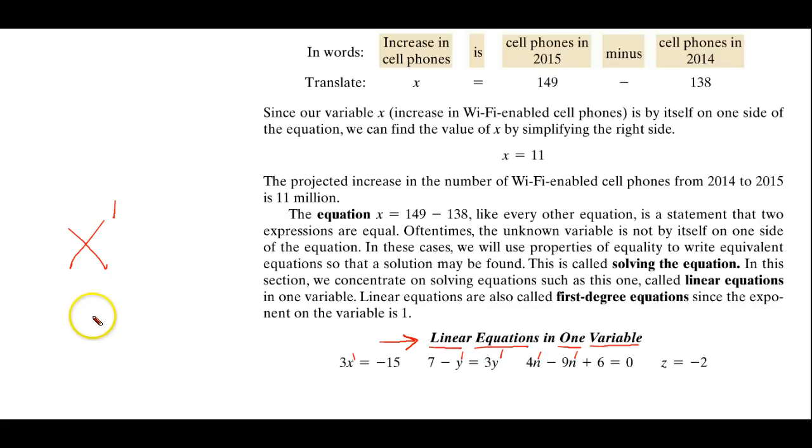Now, in a later course, you'll study equations that are to the second power. And we touch on that just a little bit. These are not linear equations. This type of equation is called quadratic. But we will just be studying linear right now.